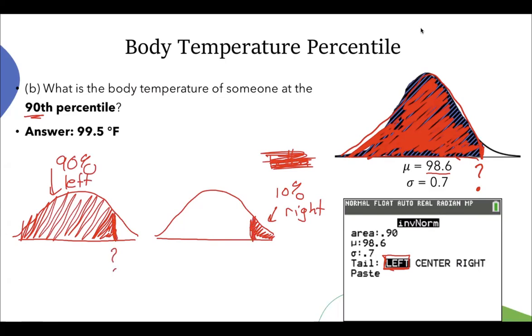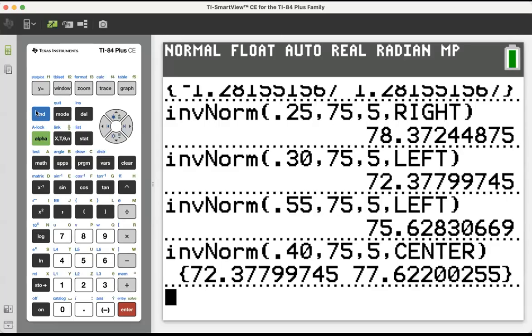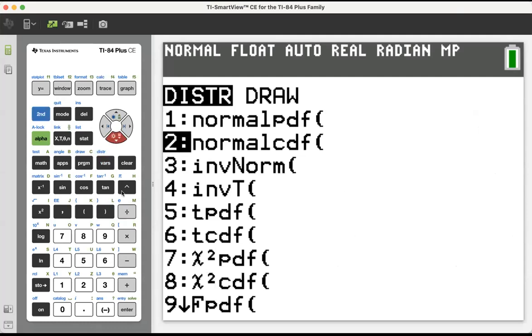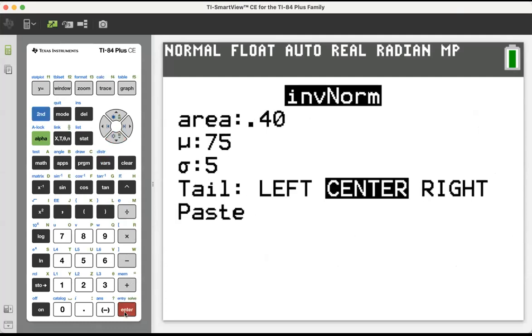The same answer where that question mark is in both cases. So I'll demonstrate this just to show you that it does work that way. Okay, let me use inverse norm. And this time I'm going to do 0.90 first.